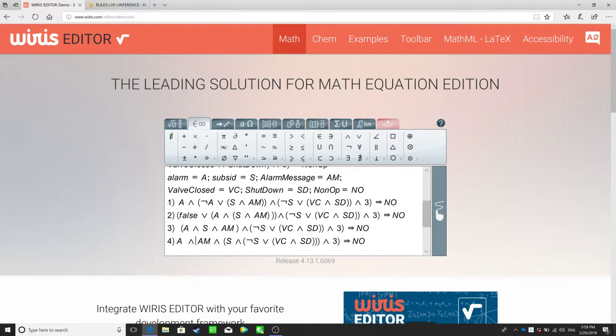Then we find a way to put S and this negation S together.